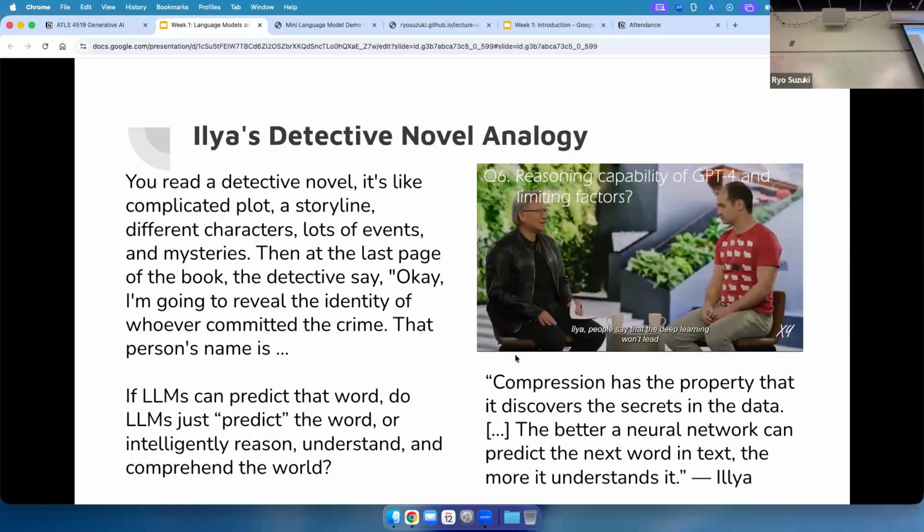The compression of the knowledge of the world, because the 300 billion tokens is almost all the text tokens in the world, and that compresses all of the knowledge into the tiny parameters. So saying an LLM is just memorizing words is also not really true, because the size of the model is much, much, much smaller than the size of the data set.